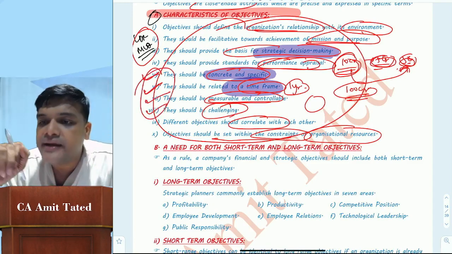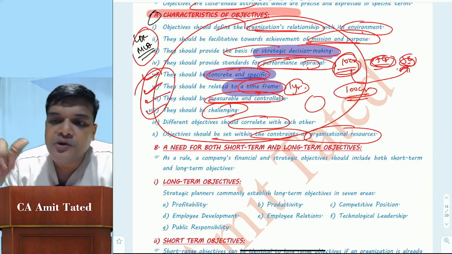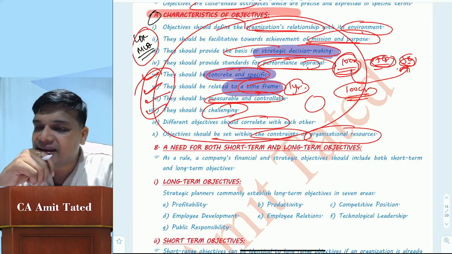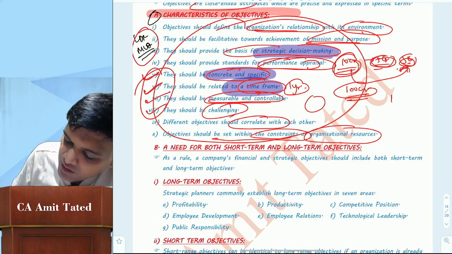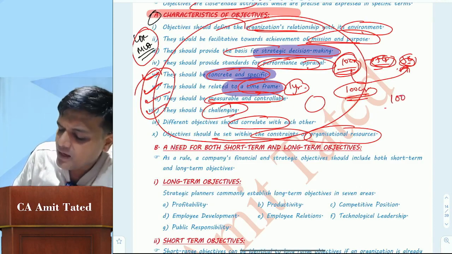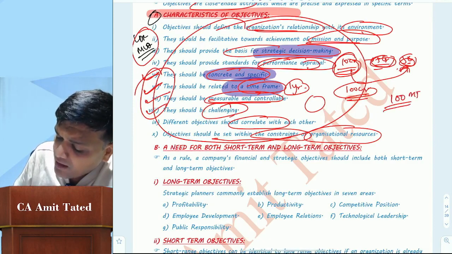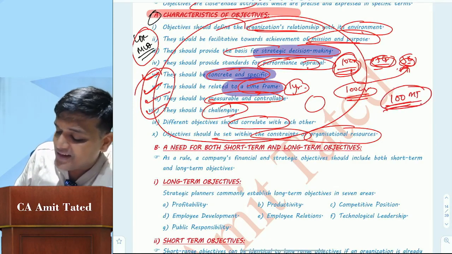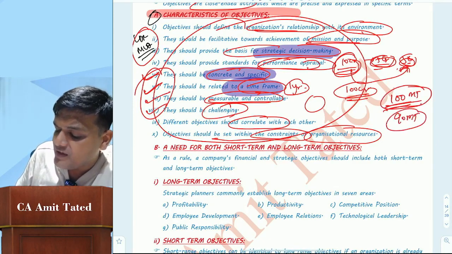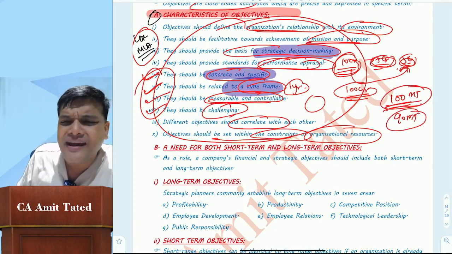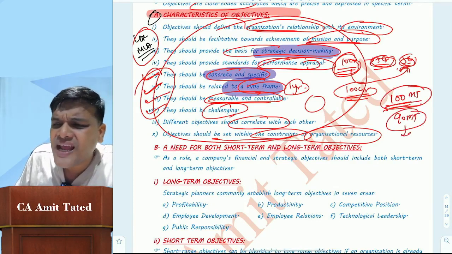It should be concrete, specific, have a time frame, be measurable, and be challenging. That's it. Example: my company is into cloth manufacturing. My company can manufacture 100 metric tons. I set the objective of 90 metric tons. Which characteristic of objective is missing? It's not challenging.